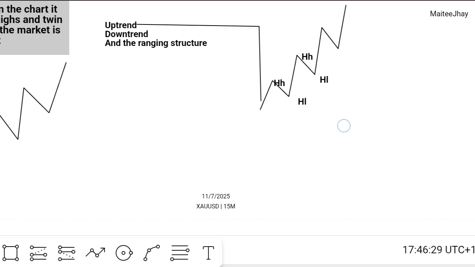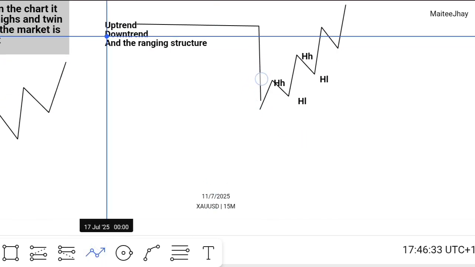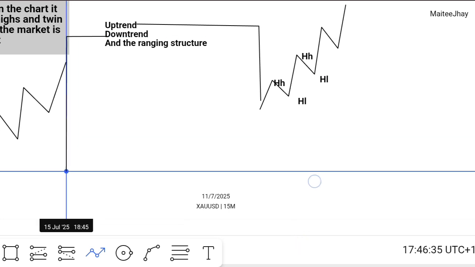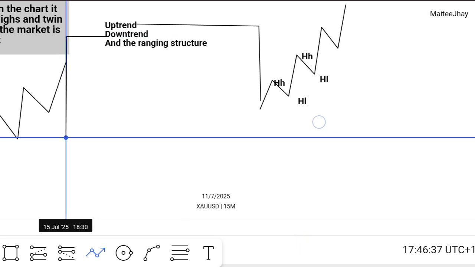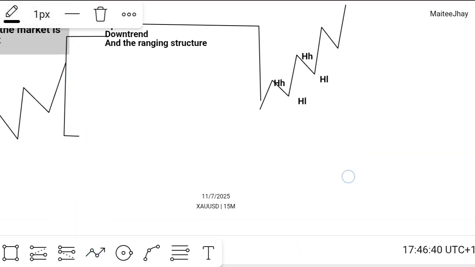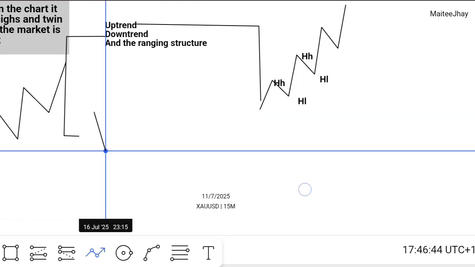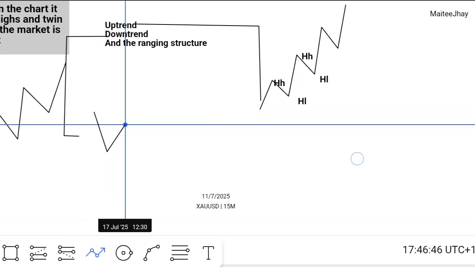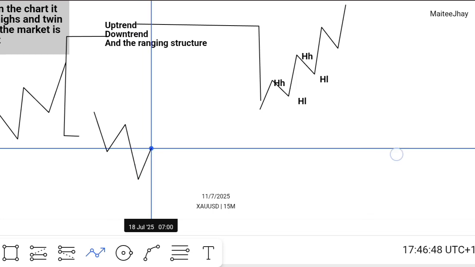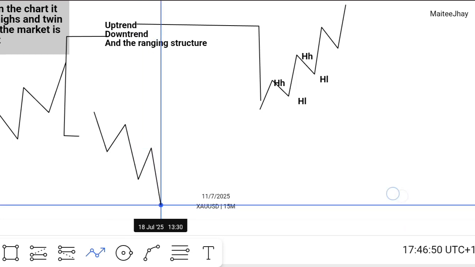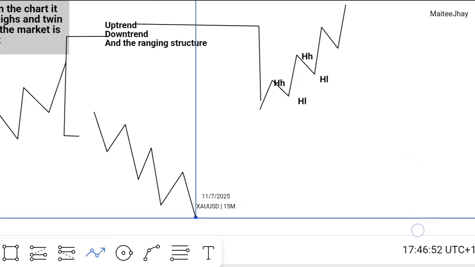Okay, so the downtrend is a scenario whereby we have the market moving like this: lower low, lower high, lower low, lower high, lower low, lower high, and then lower low.